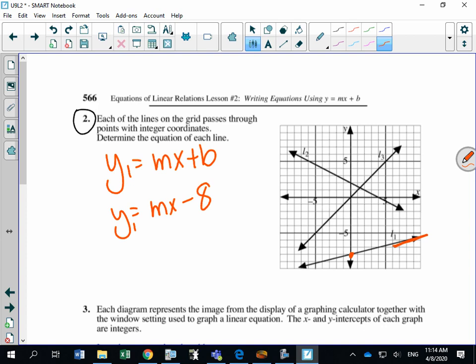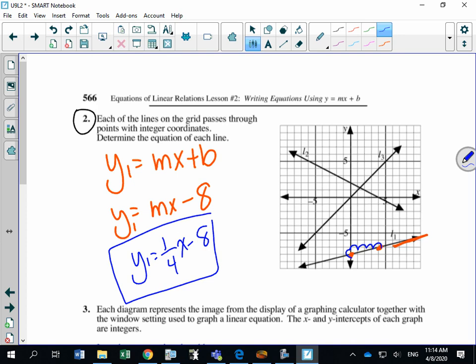And then from there, you have to follow your slope. My slope would be rise of 1, run of 4. And you will do line 2, and you will do line 3. Okay?